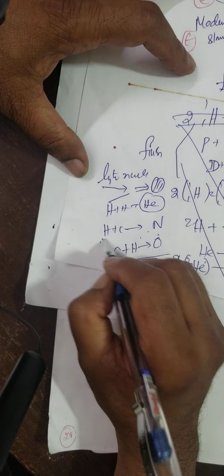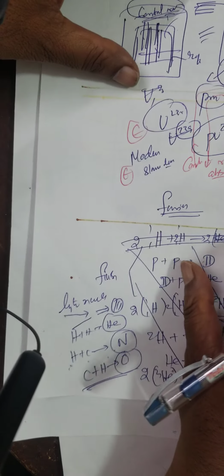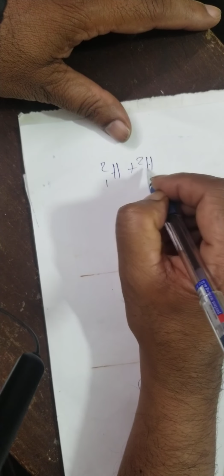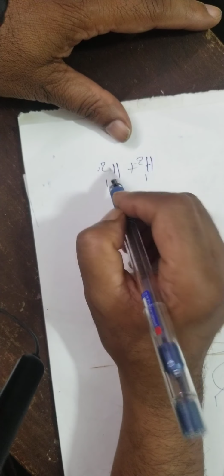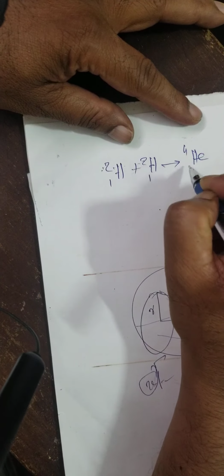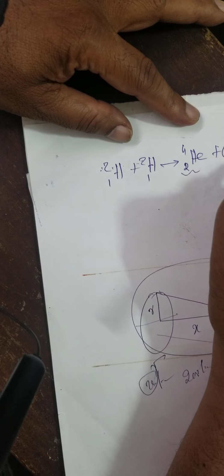Like that, light nuclei form a heavier nucleus. This is called fusion. If they ask you to explain fusion, you have to write this: fusion is when two or more light nuclei, like deuterium, form helium with a lot of energy.